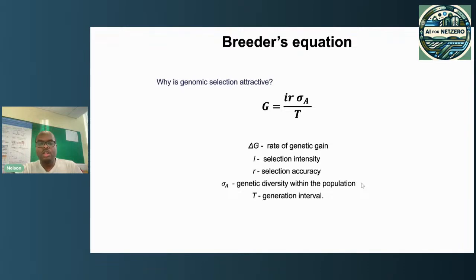Assuming you have a good model for selection, and you have the population that you need to select from at the seedling stage, you can go and sequence, because sequencing nowadays is very cheap compared to phenotyping. You sequence, then you use the model that you had trained to predict the individuals that you are interested in for the breeding program. And I'll demonstrate how we've done this in our breeding program. Next slide.